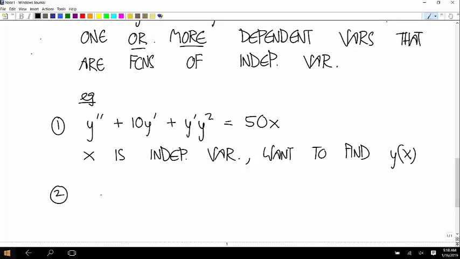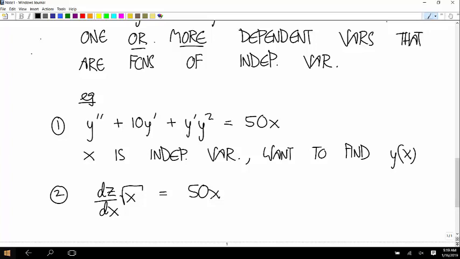Here's a second one. Let's say dz dx times the square root of x is equal to 50x. Again, there's no partial derivative. We're told explicitly that z is a function of x.